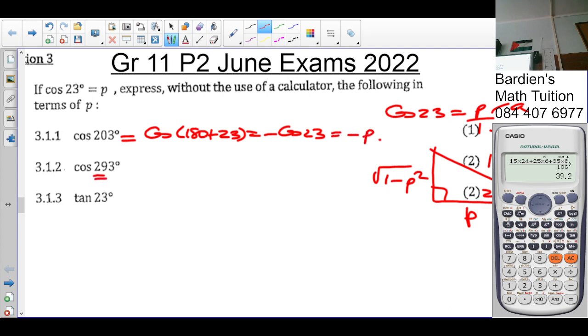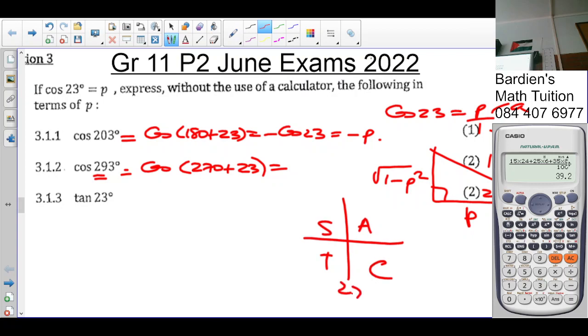The next one, cos of 293. 293 is in which quadrant? In quadrant 4. How do we get into quadrant 4? 270 plus 23. Is cos positive or negative in quadrant 4? Positive, but it changes to sine 23.